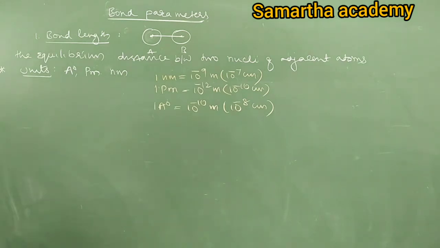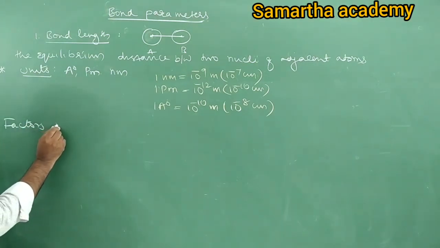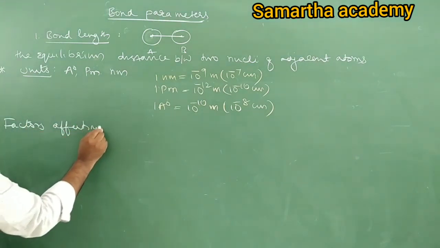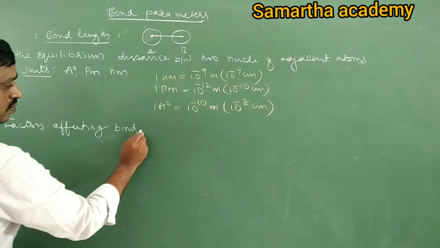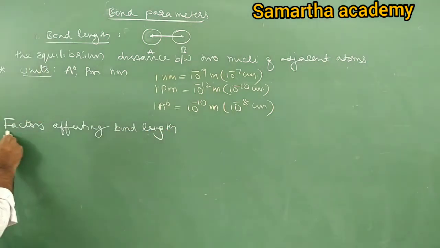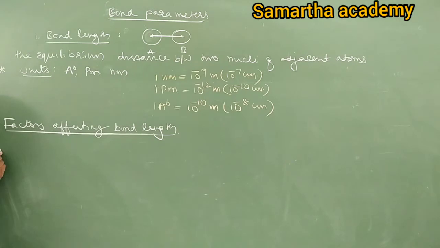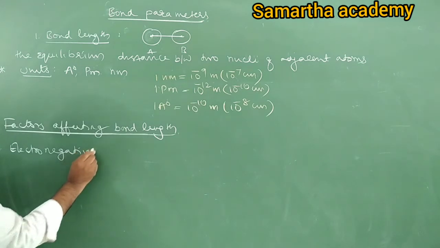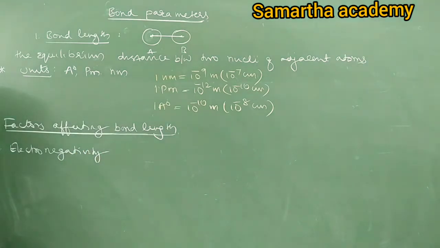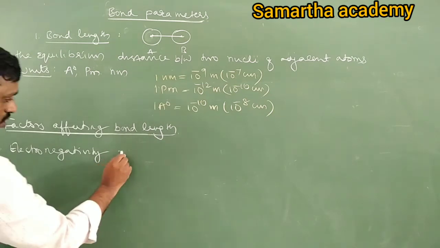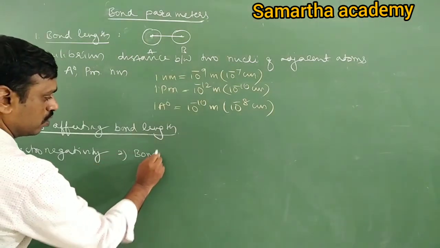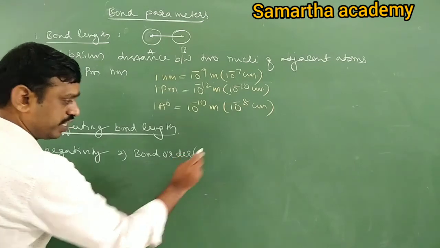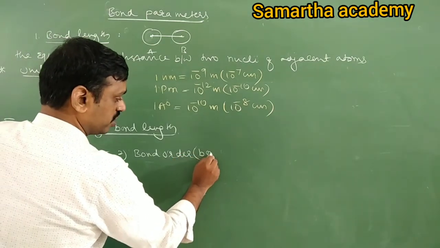Okay. Next, what are the factors affecting bond length? Factors affecting bond length: 1. Electronegativity of the atom. Second is bond order, which we take as bond multiplicity.